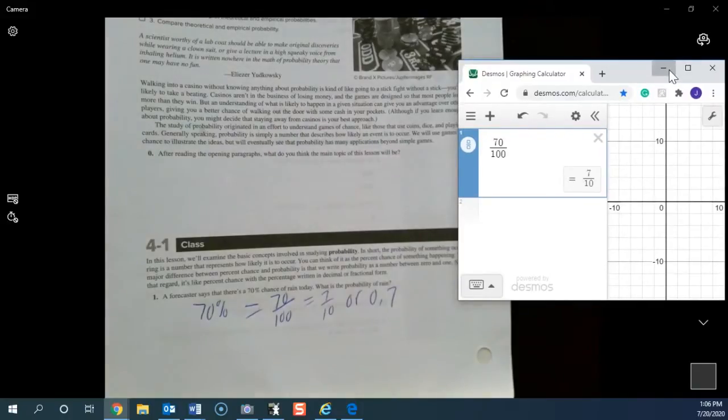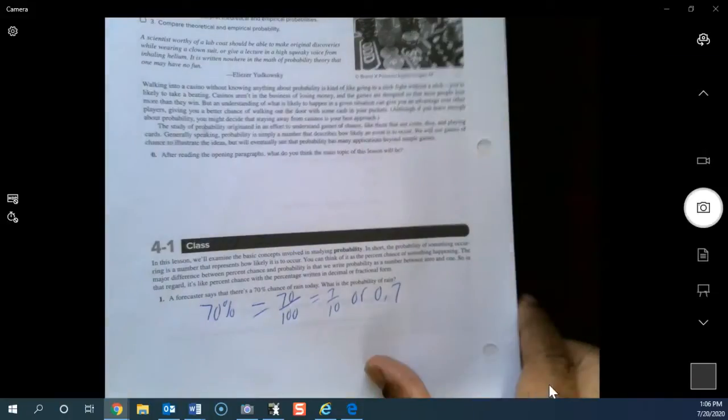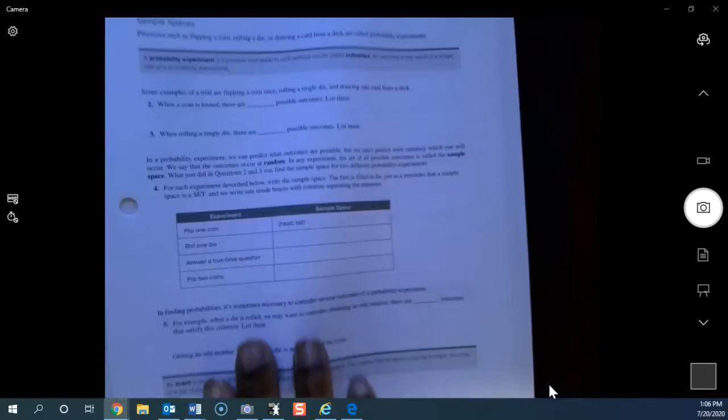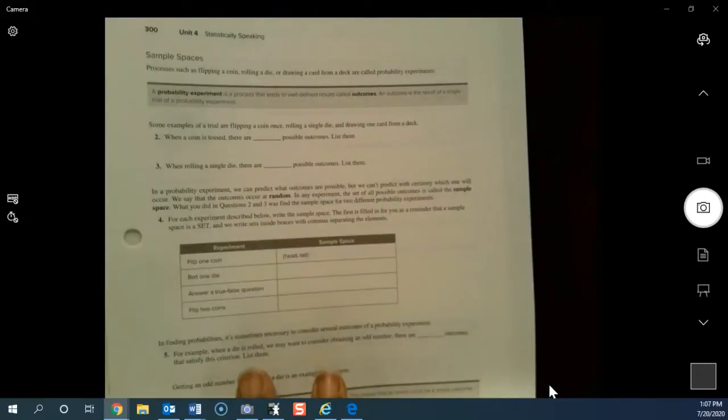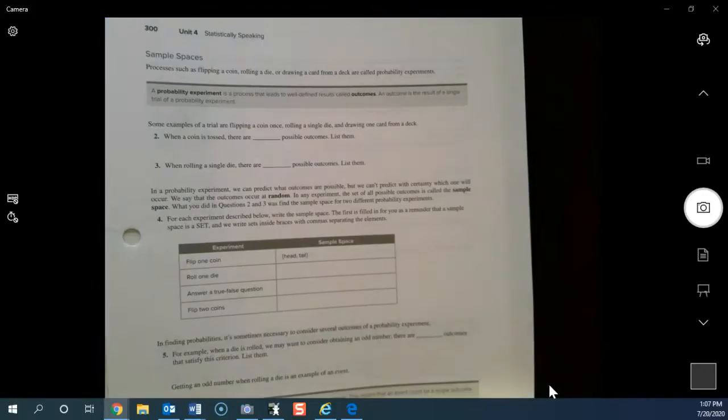Okay, next. We'll move on to our next page, which is page 300. And it says here, sample spaces. Processes such as flipping a coin, rolling a die, or drawing a card from a deck are called probability experiments.